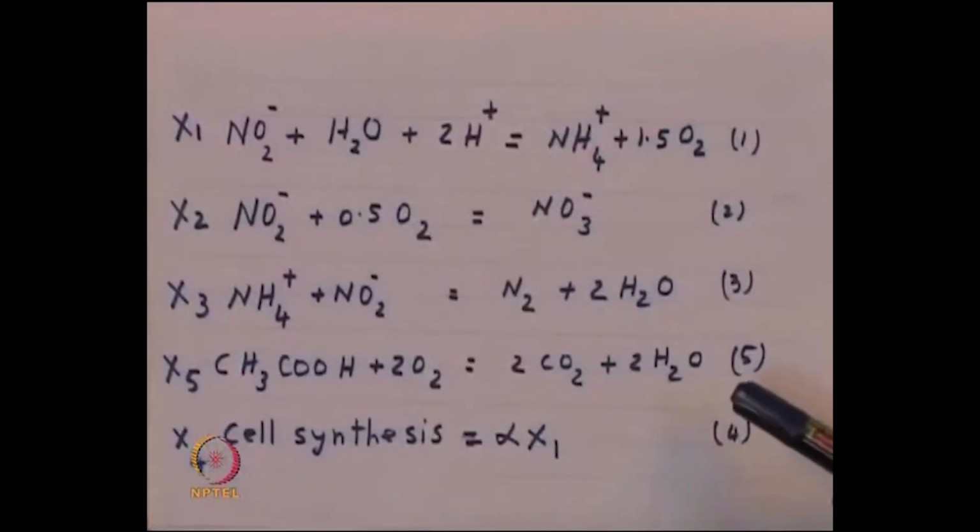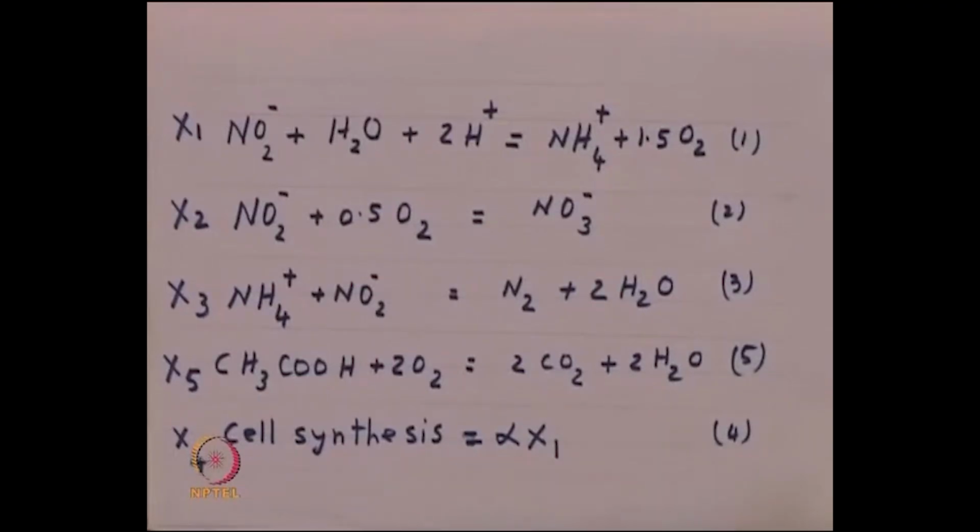Now, you notice here that we have 4 reactions and 4 measurements. Therefore, if indeed our postulate is right, we have a complete description of what is happening. And therefore, we should be able to tell the amount of cell mass that is produced, and how production of cell mass depends upon the process variables.